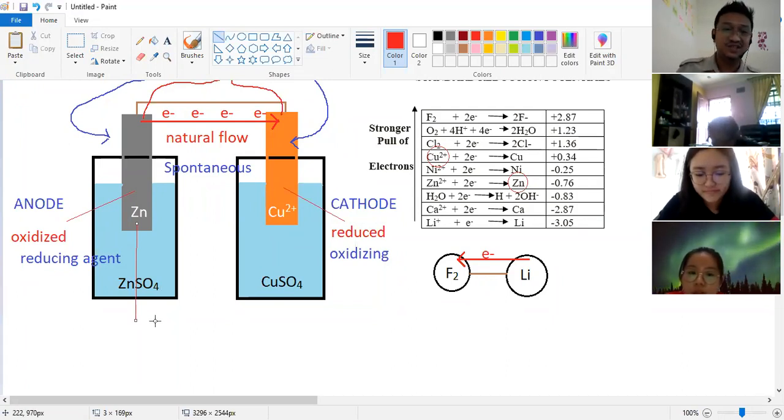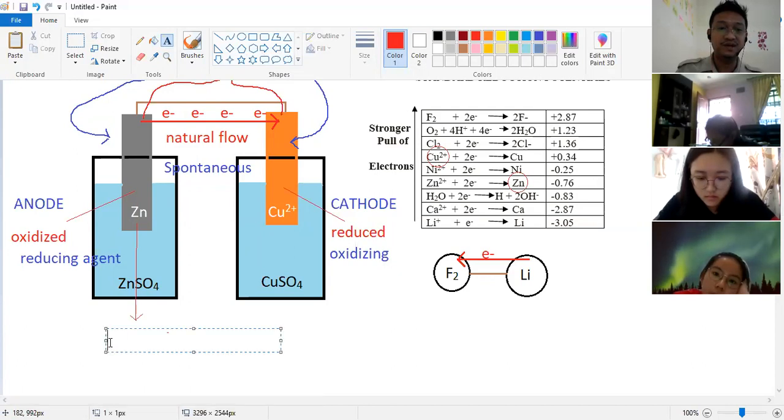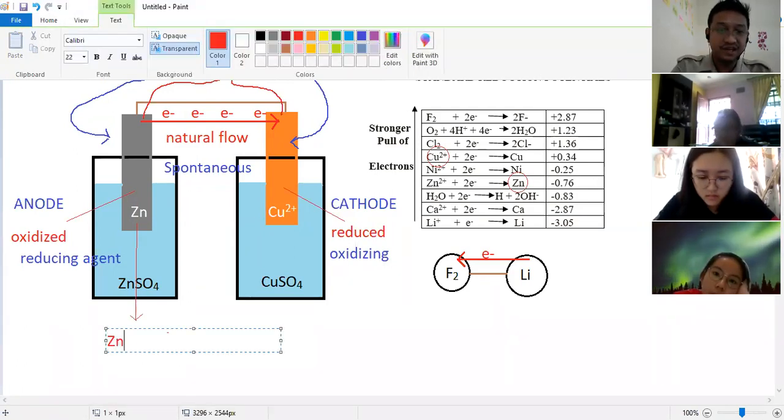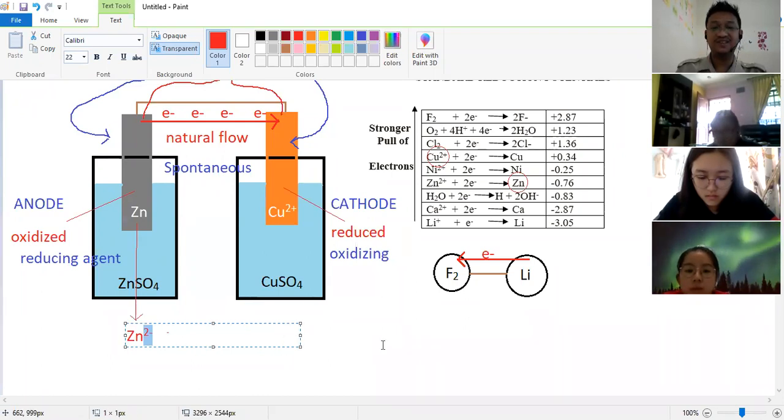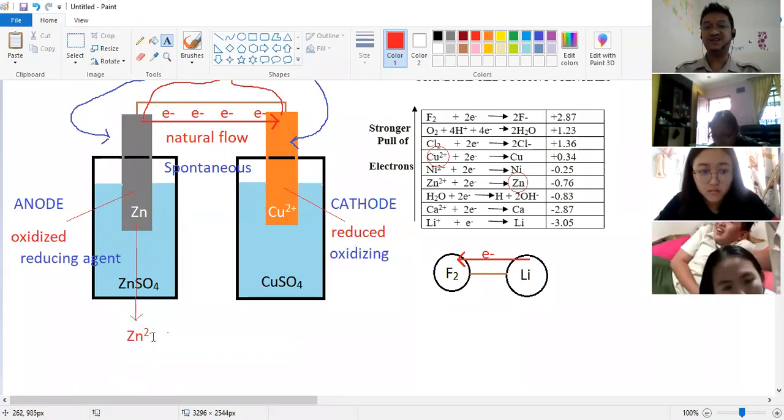For every 1 atom, it will give off 2 electrons. All right, so is there any chemical change in the material zinc? Yes, definitely. It changes.